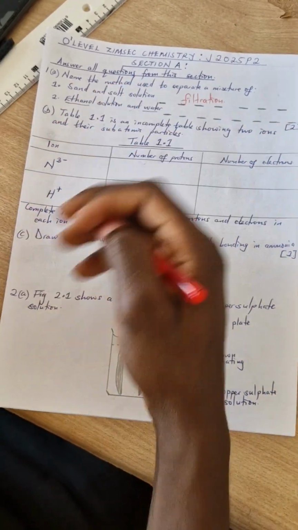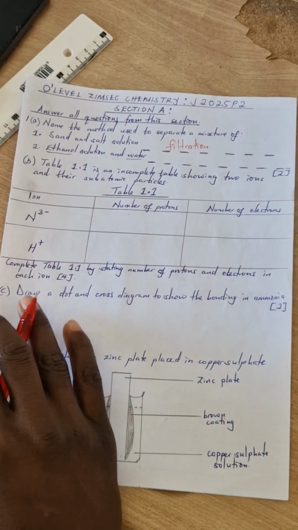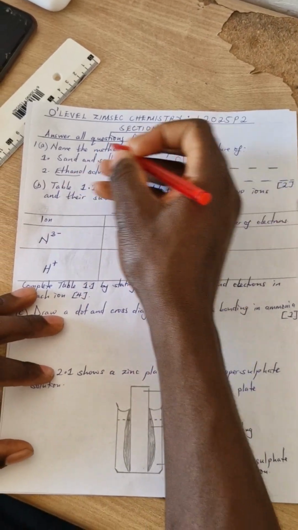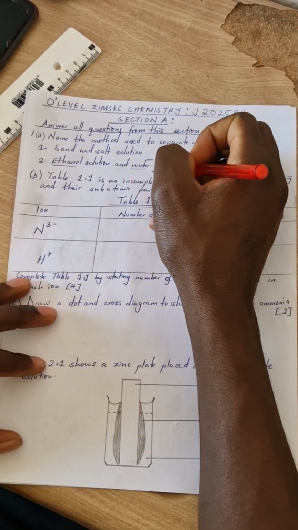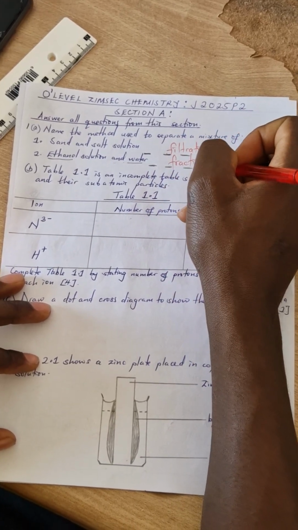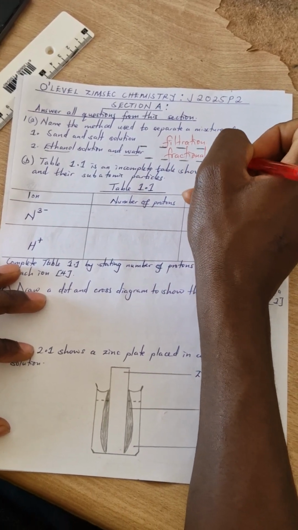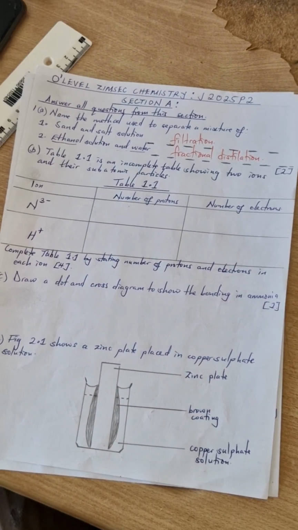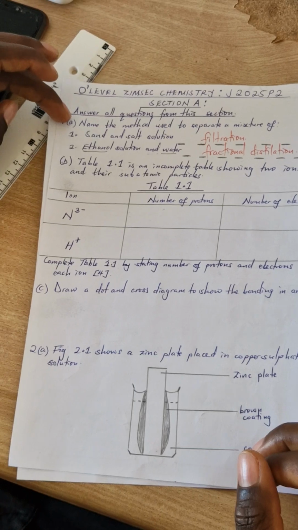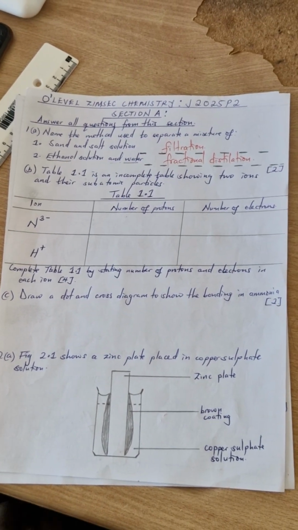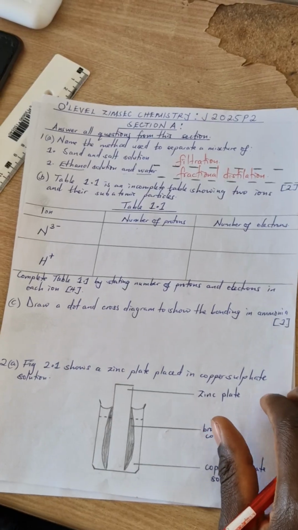So we deal with the boiling points, which means the most suitable method is fractional distillation. That would be our solution. Then we managed to answer the first part, part A. Then we are going to answer part B.